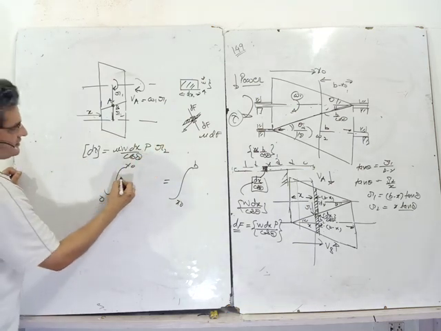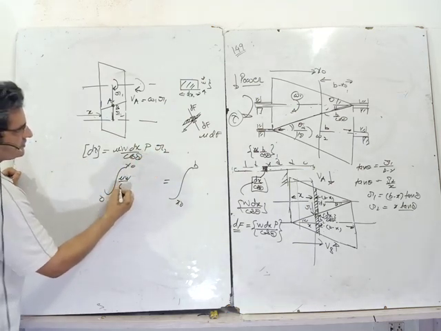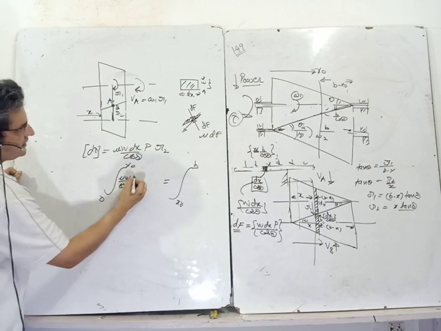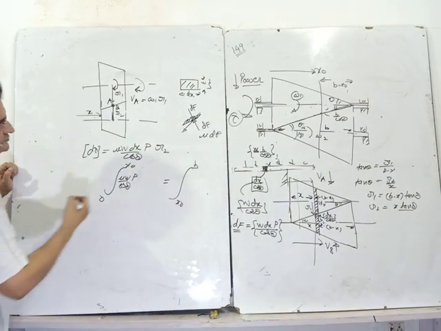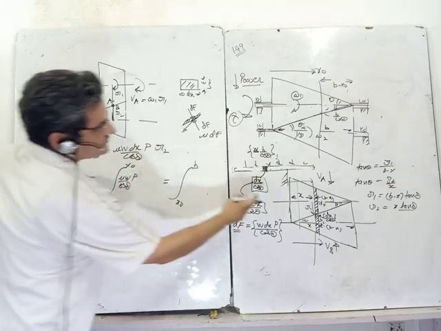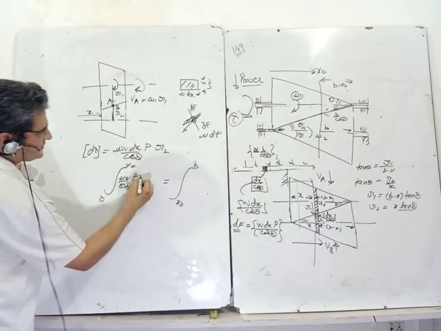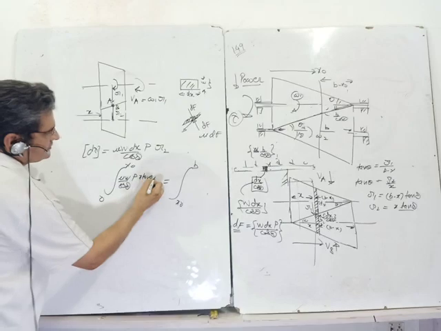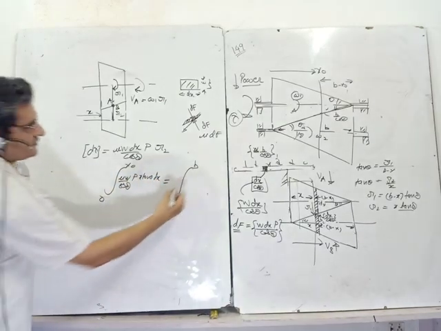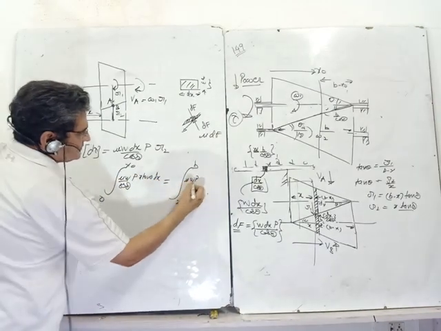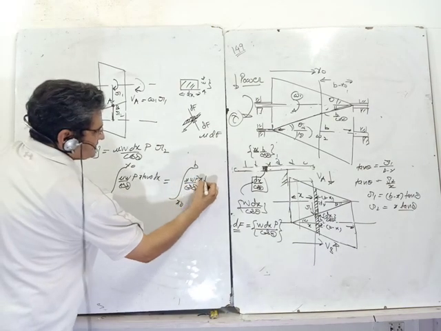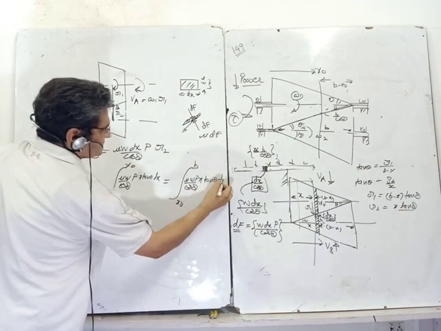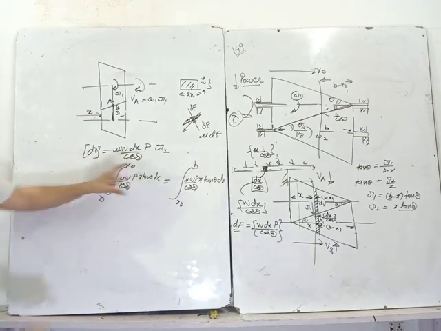So this mu w upon cos theta into p is again the same all through. I said uniform. What is the value of R2? It is x tan theta dx. Again mu w p upon cos theta x tan theta dx. These are the same, only the limits are changing.